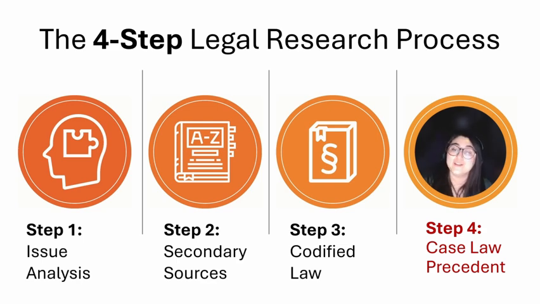And then we look for case law that interprets what the codified law says and gives us a better understanding of how it is put into practice. Easy, very, very easy. This is the only thing I want you to remember for the rest of your life, and I really hope you do.